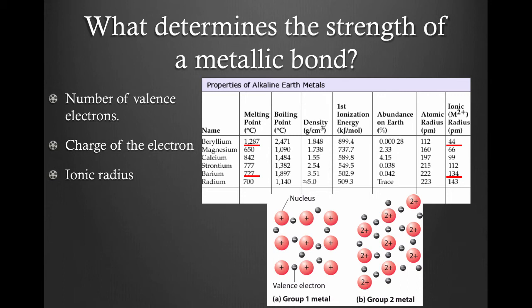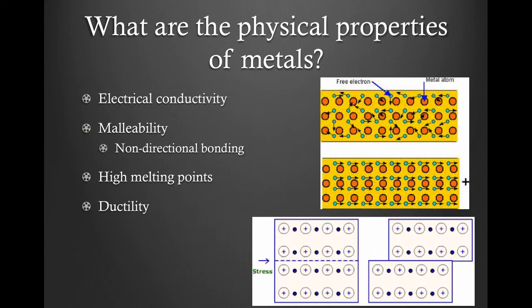And so the group 2 metals would have much higher melting and boiling points than the group 1 metals, the alkali metals. And so what determines the strength of a bond is the charge on the ion and the radius. And of course this is related to the number of valence electrons.